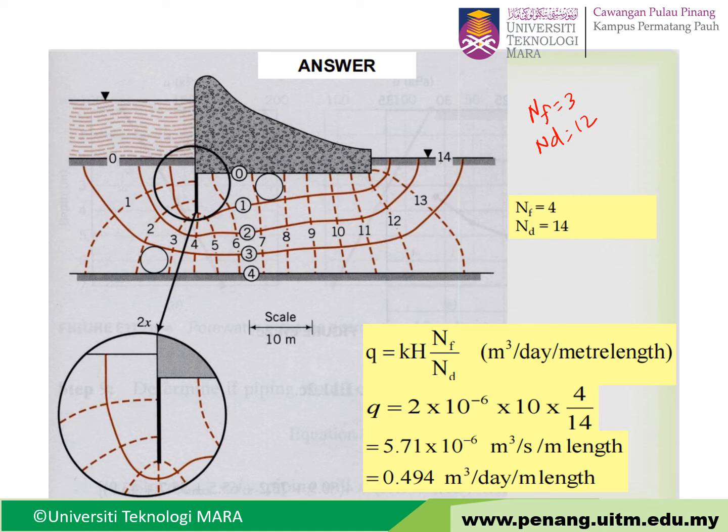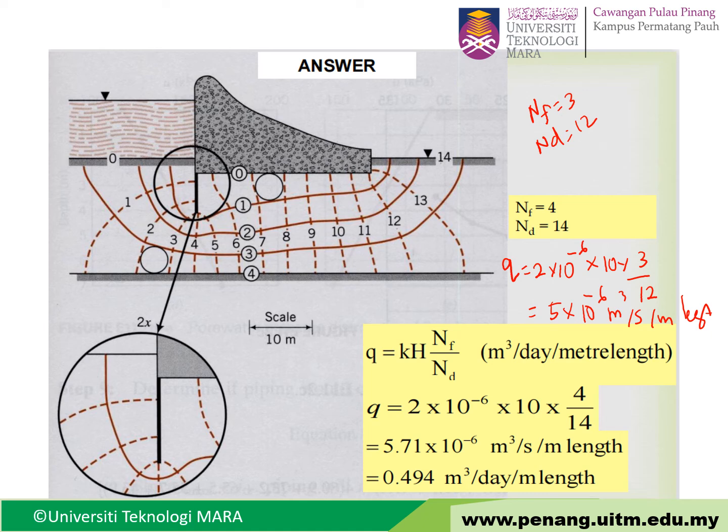So for example, my calculation is Q is equal to KH NF over ND, 2 times 10 to the minus 6 times 10 times 3 divided by 12. My answer is 5 times 10 power of minus 6, meter cube per second per meter length. That is my answer.